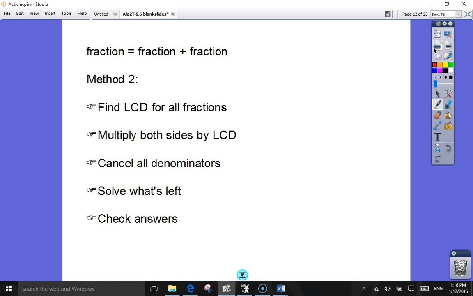So multiply by the LCD to cancel all the denominators, and then you'll solve what's left. And we saw this on one other problem last class, where if you did it by the first method, you actually got one extra answer that you had to check, and it was extraneous.